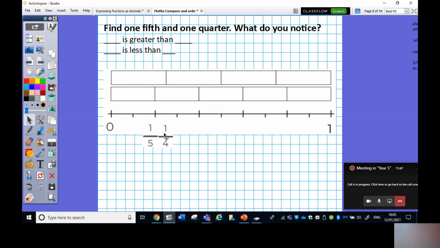Okay, what do you notice about them? Yeah, they both have the same numerator. You're right. I can say that 1/5 is less than 1/4.